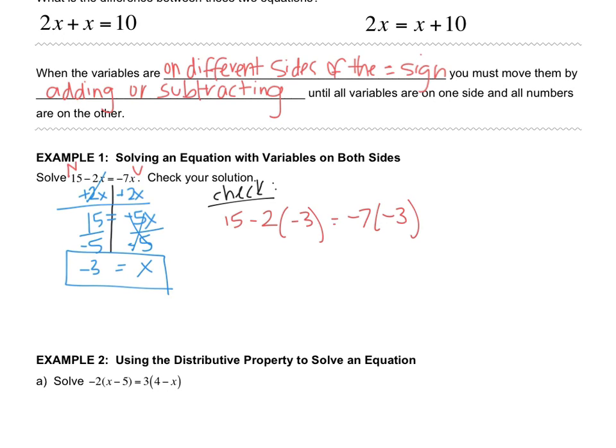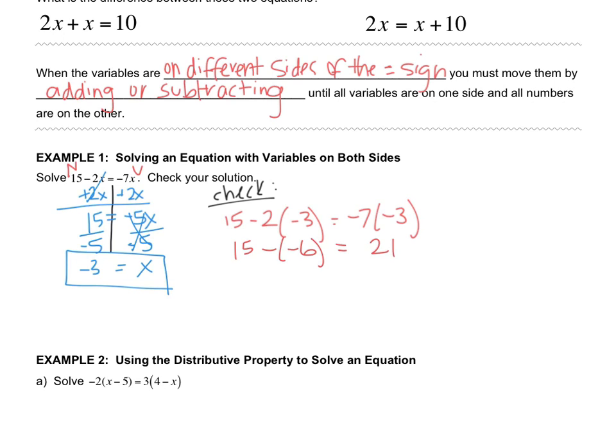So now, since I'm in the check, I'm not going to do inverses, I'm just going to do order of operations. So the first thing that comes is negative 2 times negative 3. So I'll get 15 minus negative 6, because 2 times negative 3 is negative 6. And then on the right-hand side, I get positive 21 because a negative times a negative is a positive.